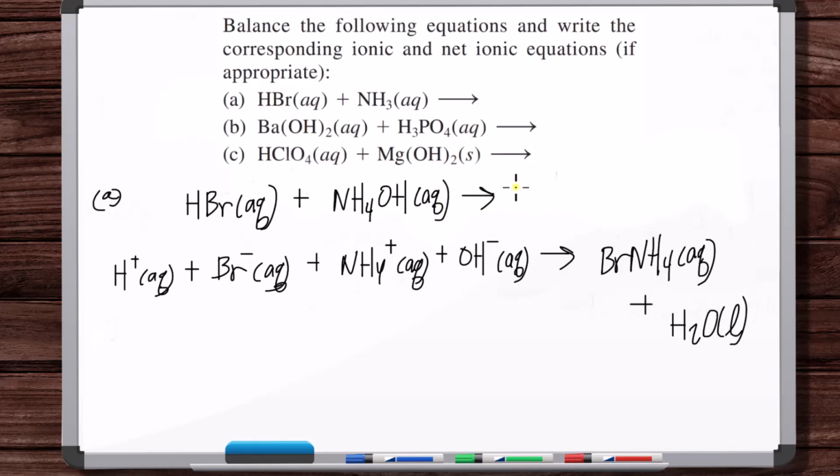Okay, and what results is, well, is this balanced? 4, 5, 6 hydrogens on the left, 6 on the right, a single oxygen on the left, single oxygen on the right, Br on the left, Br on the right. Yeah, it's balanced. Okay, and there's the molecular equation.